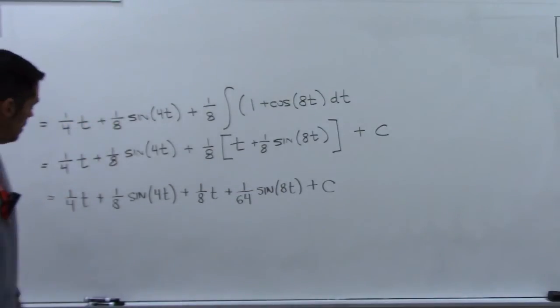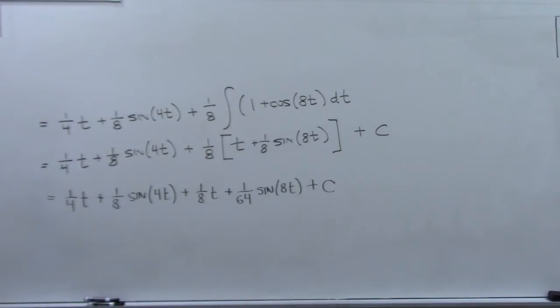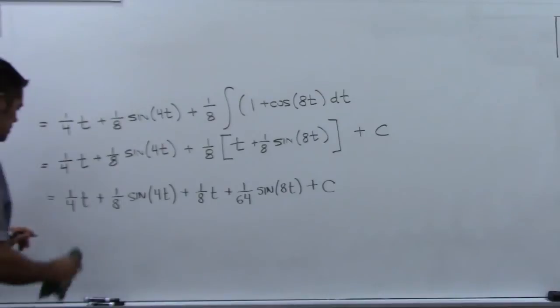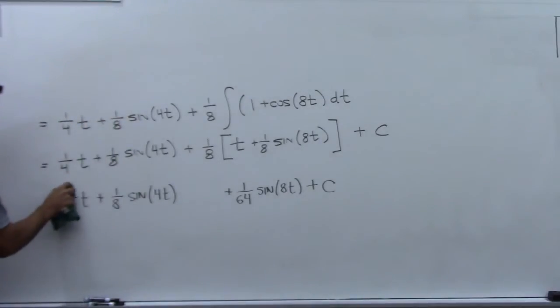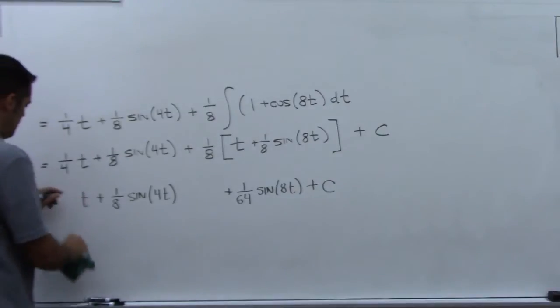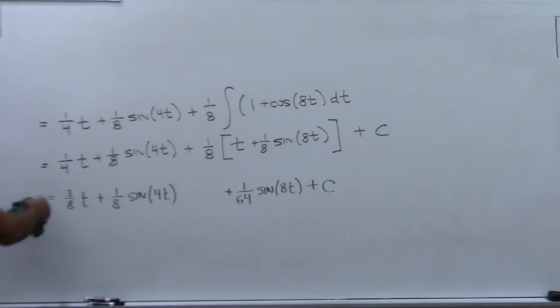But 1/4 t plus 1/8 t is what? 3/8 t? So let me just get rid of this one, and I'll change that to a 3/8 out here. 3/8 t. So it's this plus that plus c. All right.